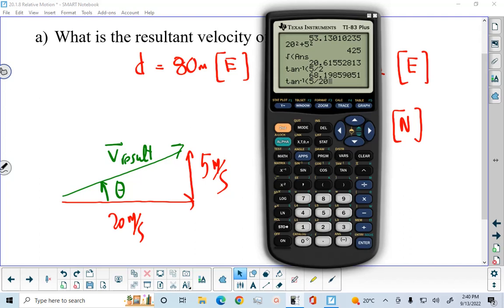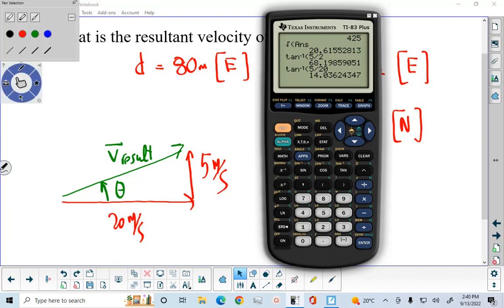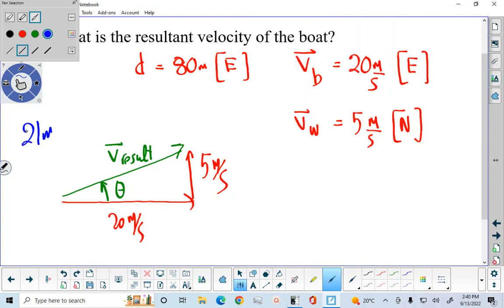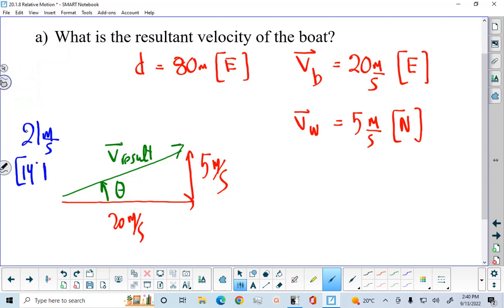The opposite over adjacent, inverse tan, about 14 degrees north of east. So my answer, I'll just put it in blue. My answer is that the resultant velocity is 21 meters per second at an angle of 14 degrees north of east.